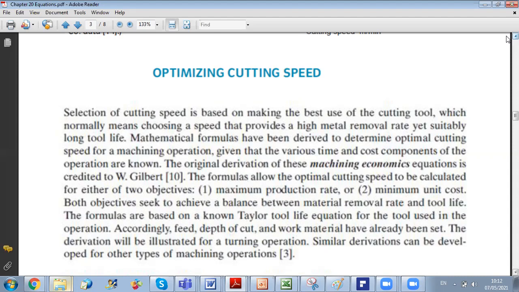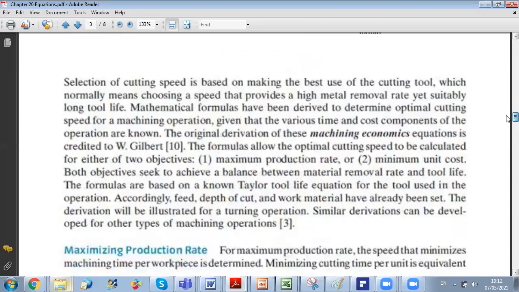Or if we just want to minimize the cost, whatever the rate of production, then we will use the second criterion. In general, we take a compromise between the two, and we try to find a value that will be acceptable for both. So first, now we will develop together how to optimize the cutting speed for maximum production and for minimum unit cost.